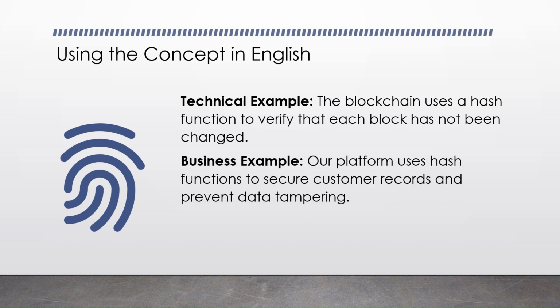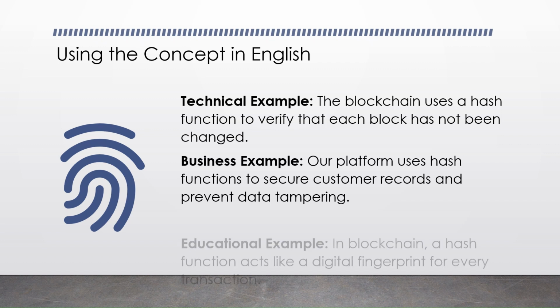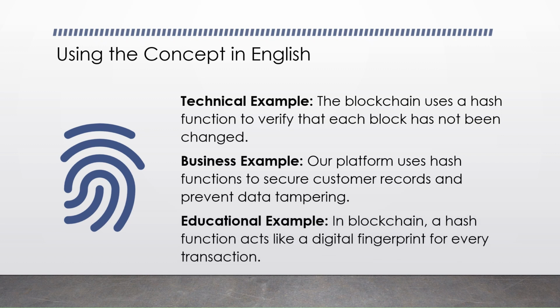A business example: our platform uses hash functions to secure customer records and prevent data tampering. And a nice educational example here: in blockchain, a hash function acts like a digital fingerprint for every transaction.